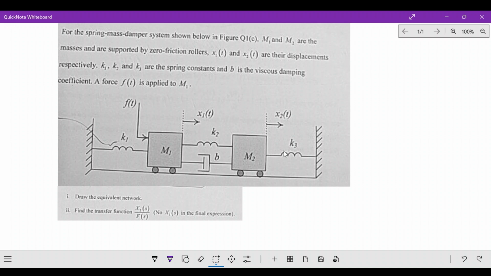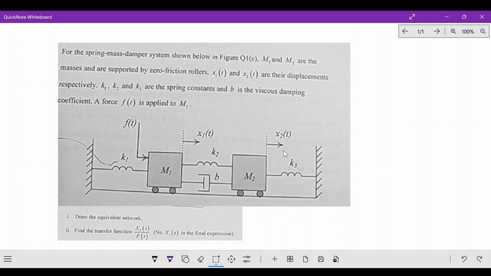So the question reads: for the spring-mass-damper system shown below in figure question 1c, M1 and M2 are the masses and are supported by zero-friction rollers. So both masses, M1 as well as M2, are supported by frictionless rollers, so there is no friction between the ground and those masses. x1 and x2 are their displacements respectively.